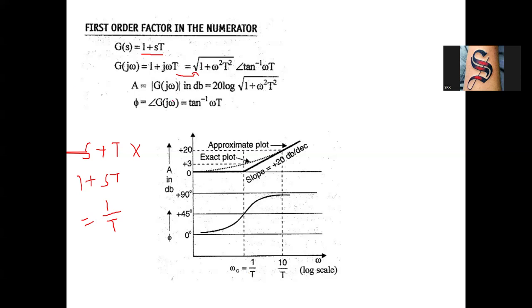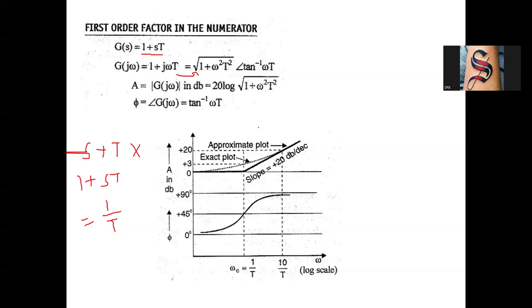Again, at low frequency, omega T is far less than 1, so omega T gets neglected. Only the term 1 remains, so it is 0 decibels. And for high frequencies, omega T is far greater than 1, so we will get omega T only.